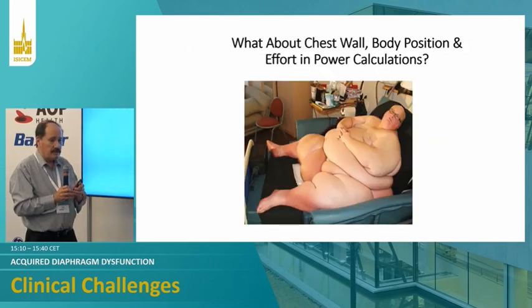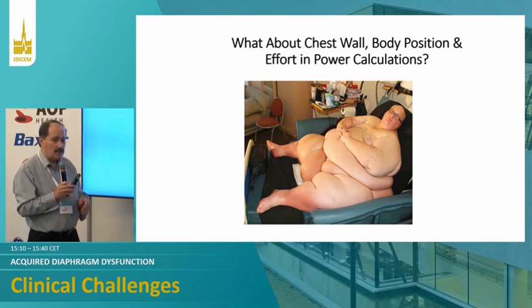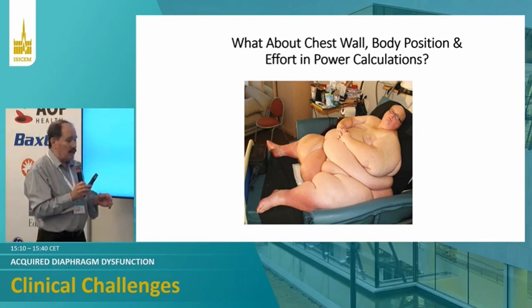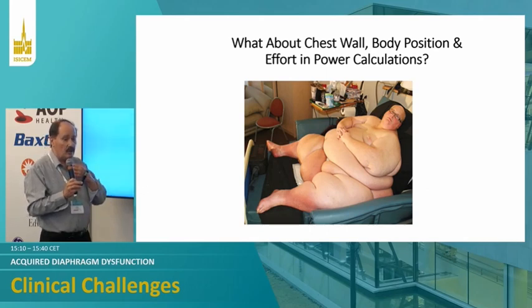Now, what do you do with something like this, where the chest wall is enormous? It may not be as stiff as you think it is, but it's stiffer than normal for sure. And if you try to measure at the airway opening and just use the airway opening pressure and the airway power and so on, you may be dealing with quite a small lung to start with, even if it's not diseased. It's compressed.